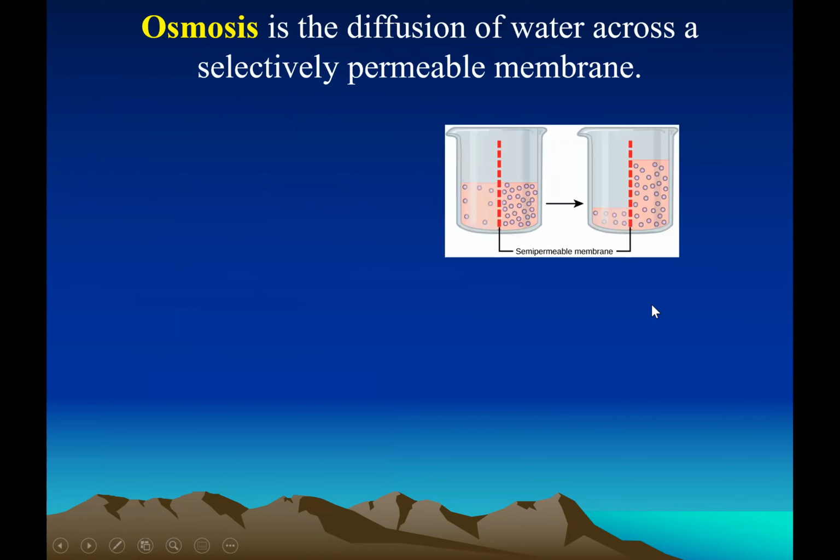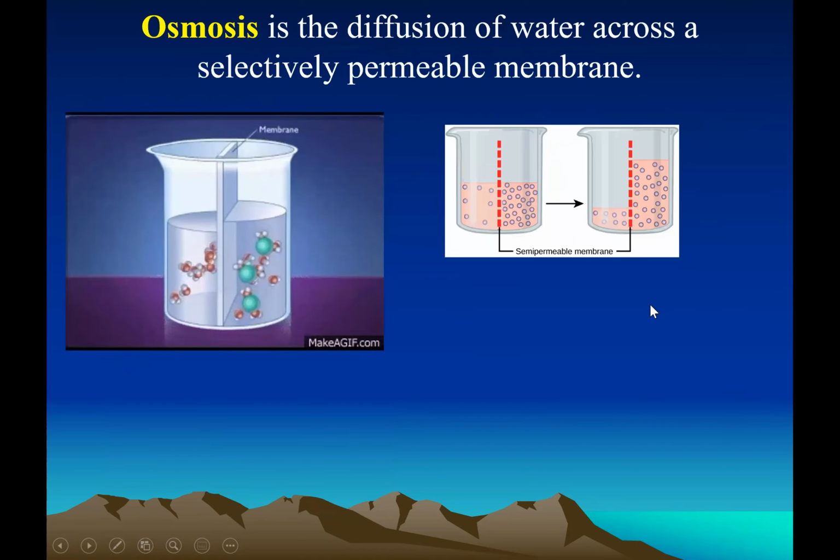When we talk about the movement of water from high concentration to low concentration, it's called osmosis. I've seen this picture as a U tube. Here you can see 2 different solutions. The red and the white ball are water molecules.